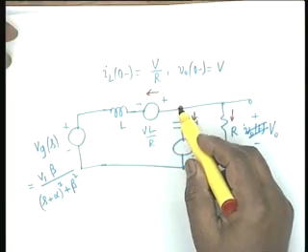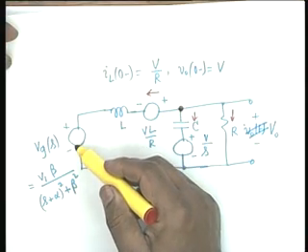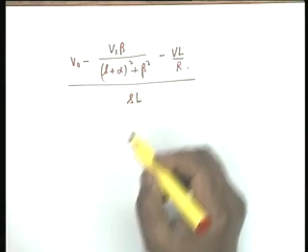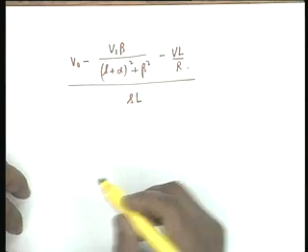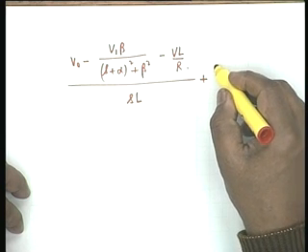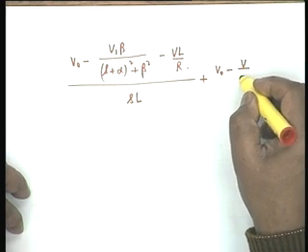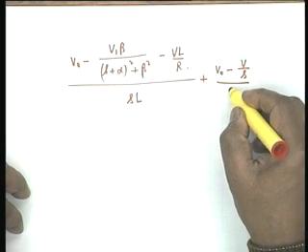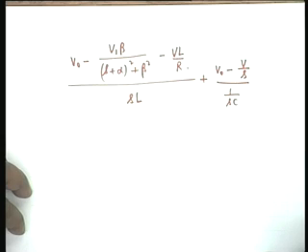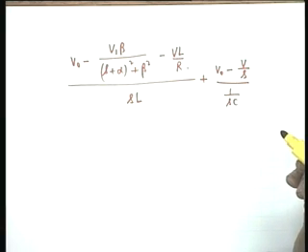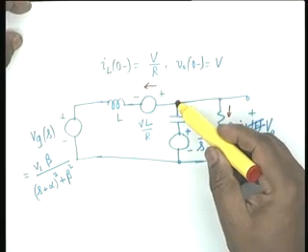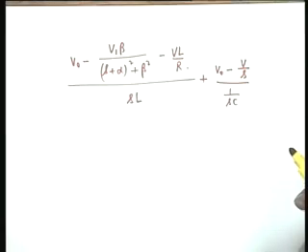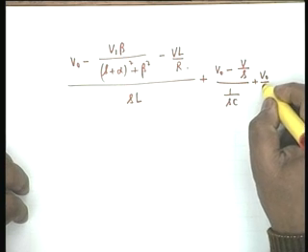So, V0 minus this source, that will be the drop in L. So, you divide by sL, that will give the current in the inductor, plus V0 minus V by s divided by 1 over sC, divided by the impedance, that will be the current through the capacitor. Current through the capacitor will be V0 minus this voltage divided by the impedance, plus V0 by R, would be equal to 0.